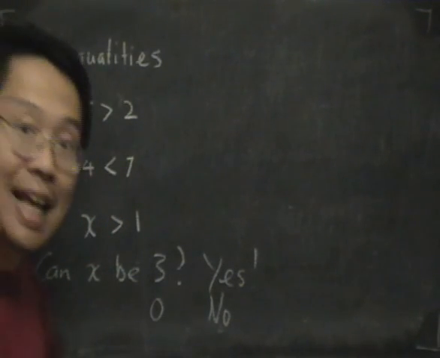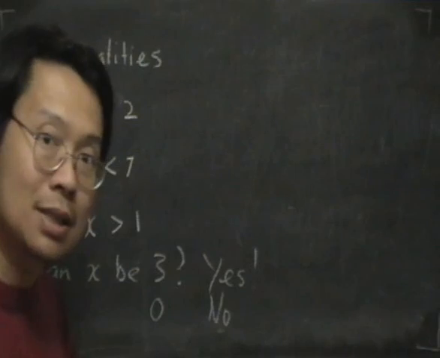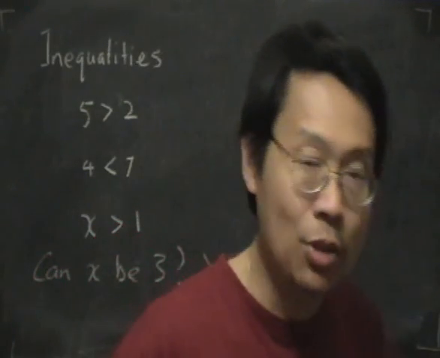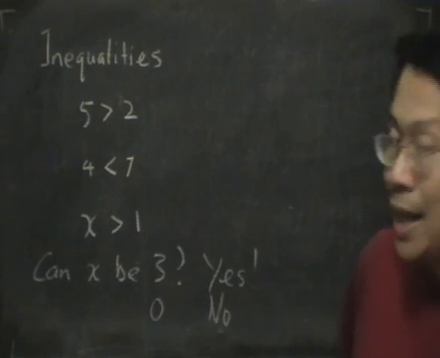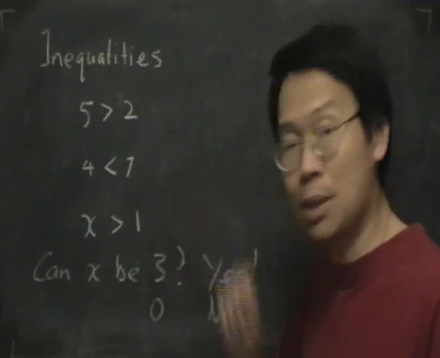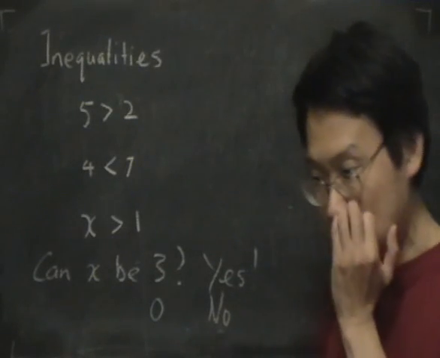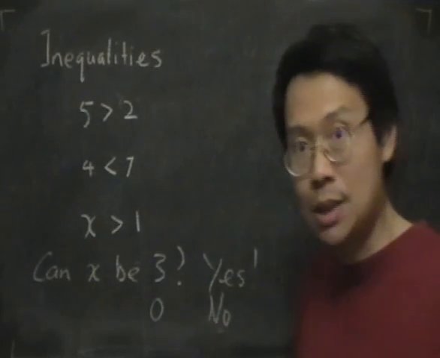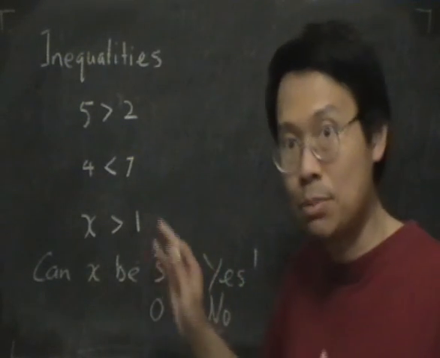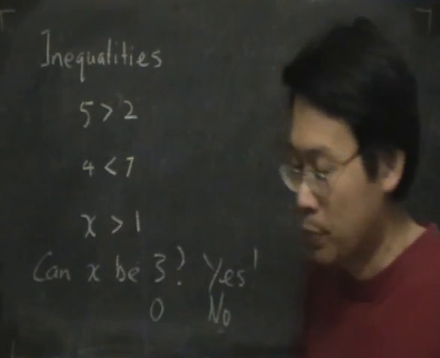X cannot be -1. X cannot be -10. So there are also many numbers that x cannot be. So x cannot just be any number. X has to be numbers that are more than 1. So in that sense, that's how we understand this inequality, that x are numbers that are more than 1.